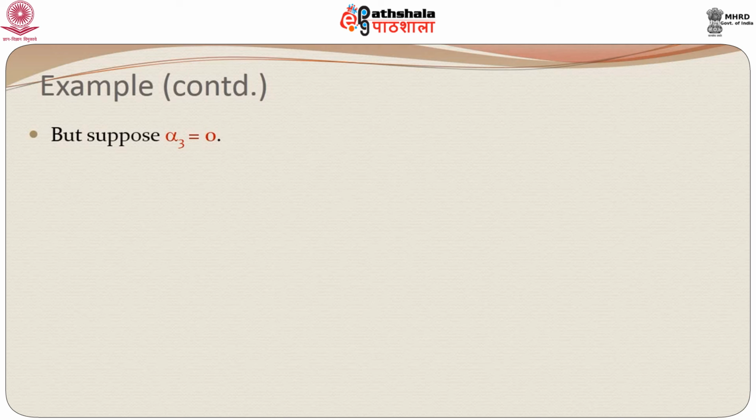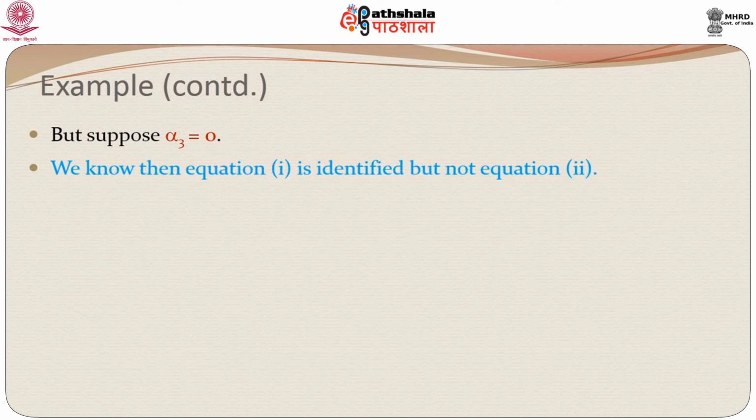Now, if alpha 3 is equal to 0, then we know that the first equation is identified, but not the second equation. We have seen that if you have a missing variable, then that equation would be identified. The missing variable is in the first equation, hence it is identified, but not the other equation. Now, what happens to the estimates?